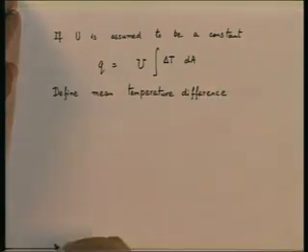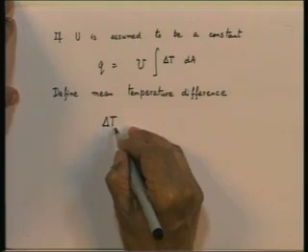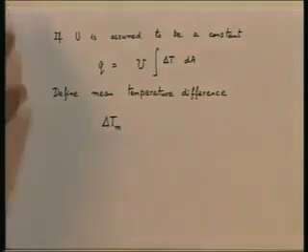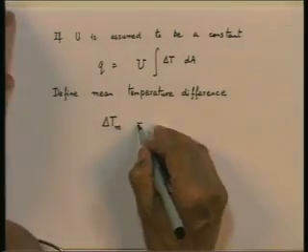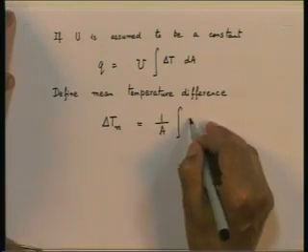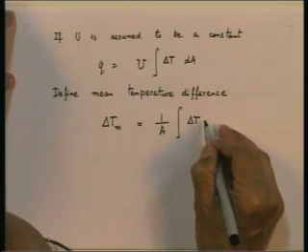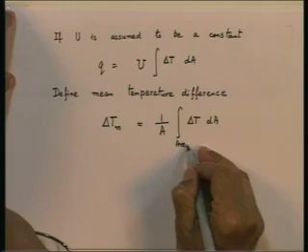The expression delta Tm stands for the mean temperature difference in the heat exchanger, and I define it as delta Tm equal to 1 upon A, the integral of delta T dA, the integral being over the whole area A of the heat exchanger.